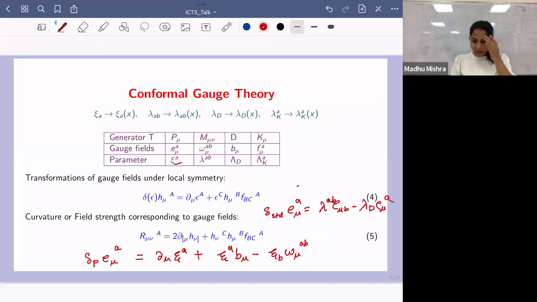So this is the standard, and we can also find the field strength corresponding to any gauge field, for example R mu A. If I want to write the field strength corresponding to translation, you can check that it will be this.